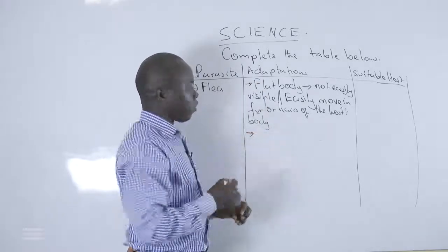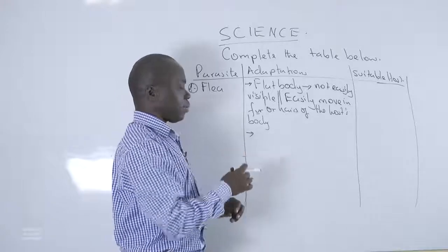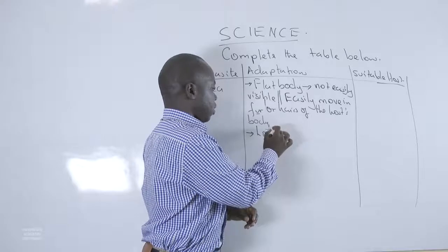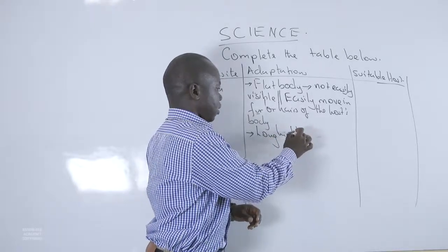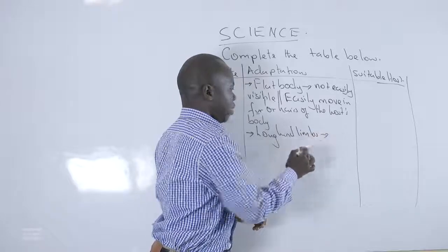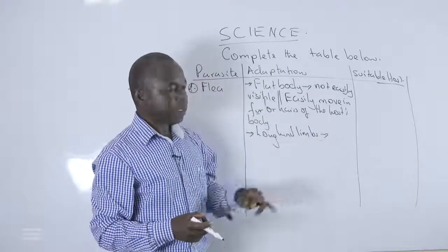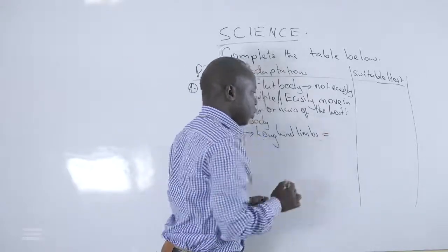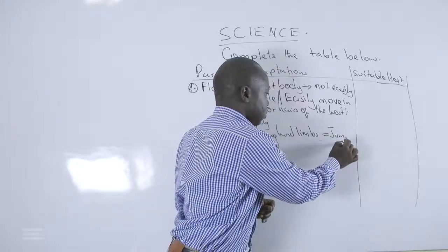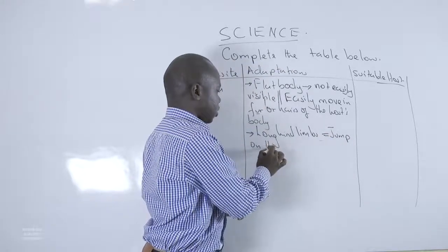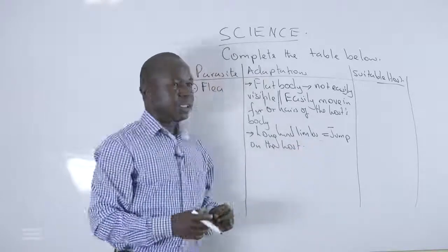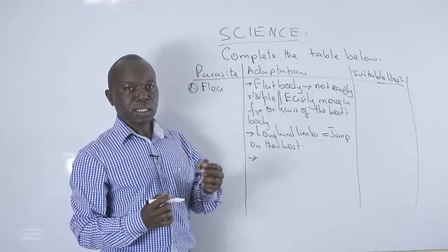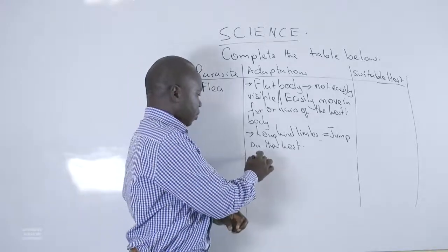The other feature of the flea is that the hind limbs are usually long. Having long hind limbs is important because it is going to enable the flea to jump easily on the host with a lot of ease. Then the other parts that we can easily get from the photos are the mouth parts.